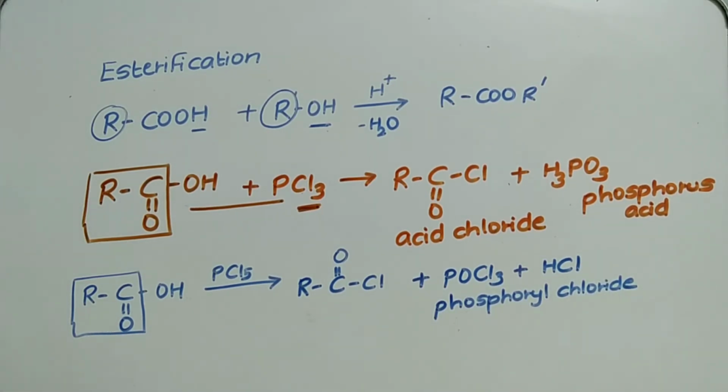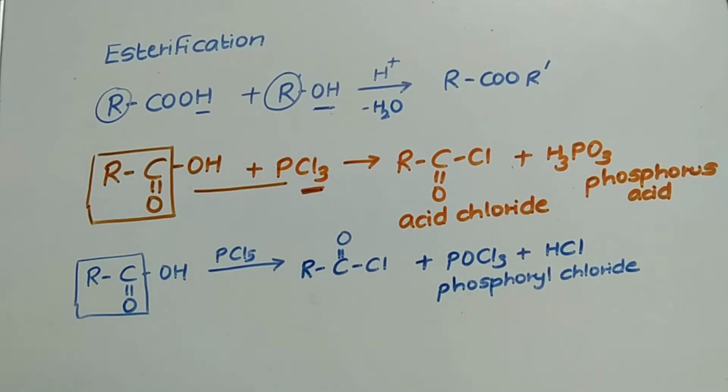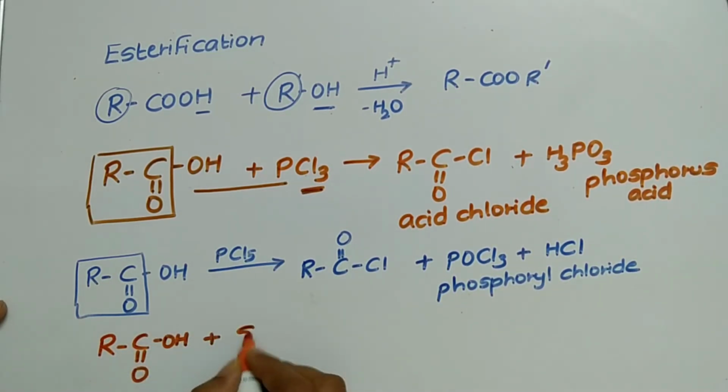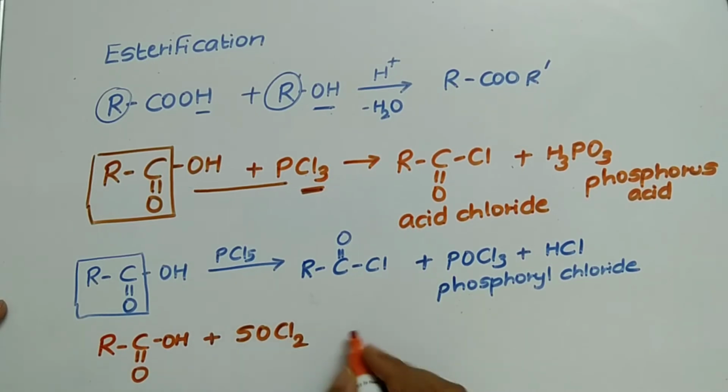Check one more reaction here, that is for acids. It is treated with SOCl2, that is thionyl chloride. What will it give? Again the C to O bond will break.